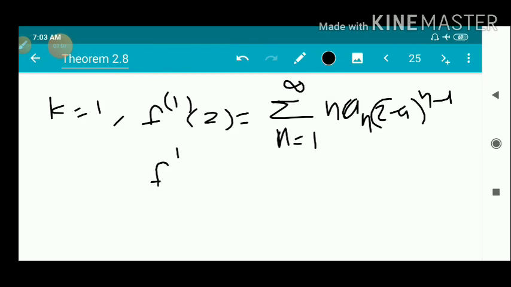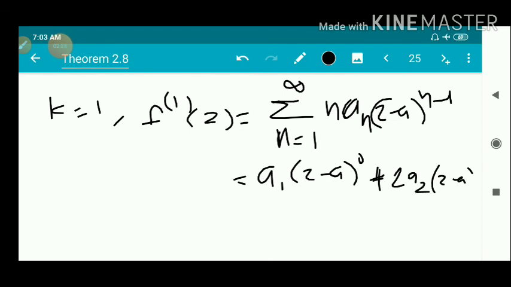That is f dash of a equal to, by expanding, 1 into a1 into (z minus a) whole raised to 0 plus 2 into a2 into (z minus a) whole raised to 1, etc. So f dash of a equal to the first term a1 itself.